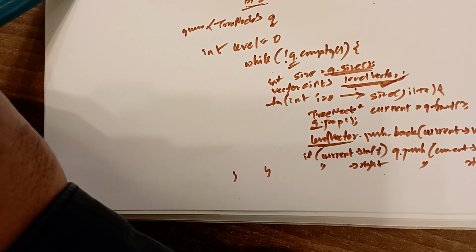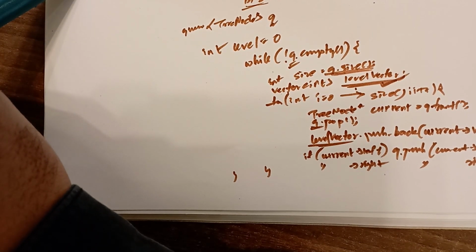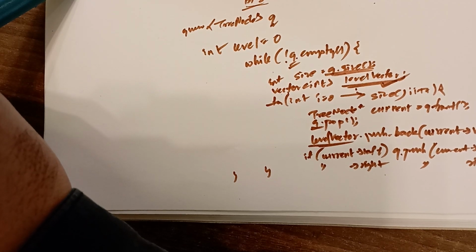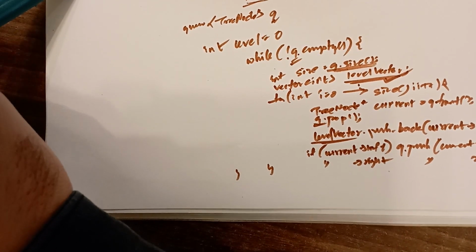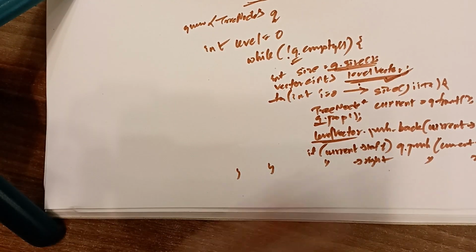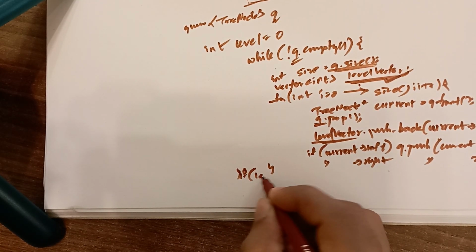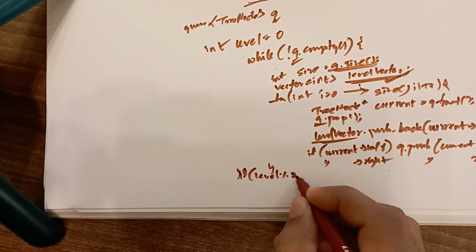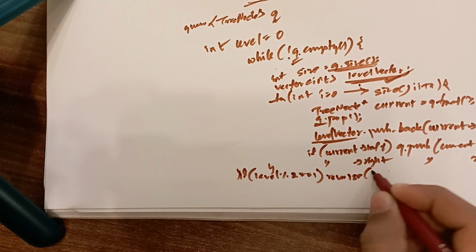After that, if the current level is odd, that means we need to reverse our vector. So if level % 2 is equal to 1, reverse the level vector.